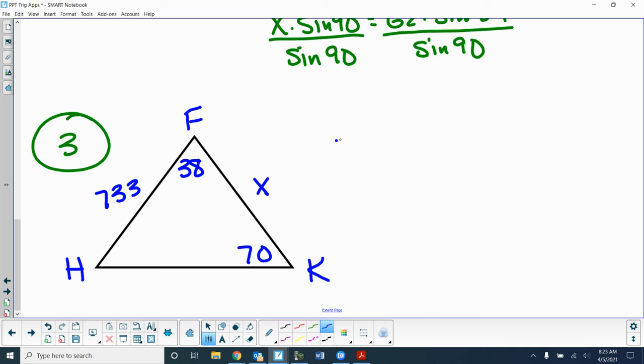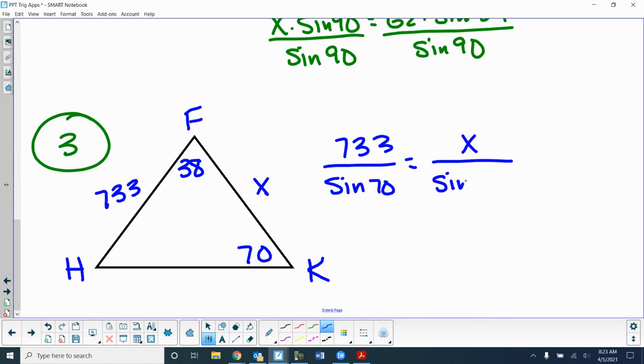So I can use law of sines, right? So I'm going to go 733 over the sine of 70 equals x over the sine. Well, I got to figure out this angle here, right? How do I figure that out? Subtract these two from 180, right? Which is 72.